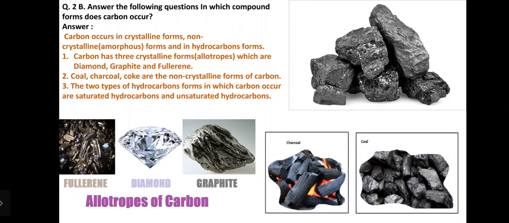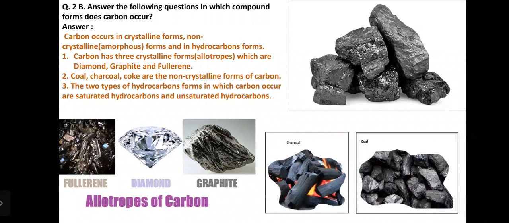So there are three types of carbon forms on the basis of crystallinity and non-crystallinity, and on the basis of saturation. The crystalline forms have three examples: diamond, graphite, and fullerenes, and the non-crystalline forms have three examples: coal, charcoal, and coke. Saturated and unsaturated hydrocarbons have single bonds and double or triple bonds respectively.